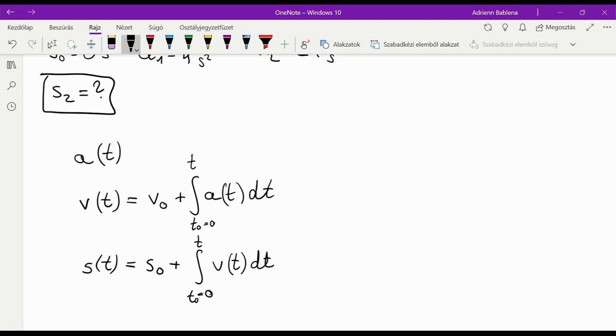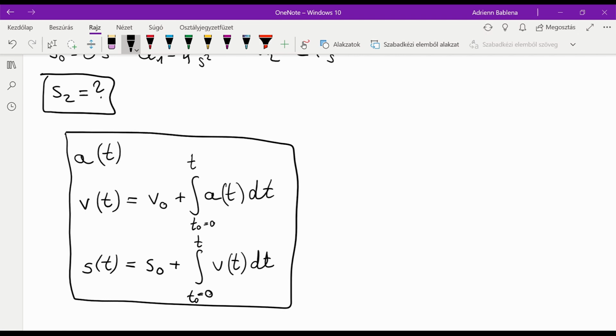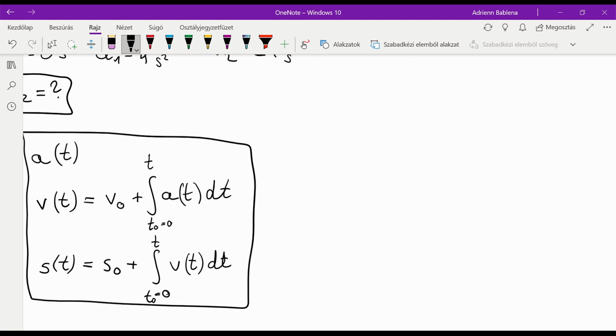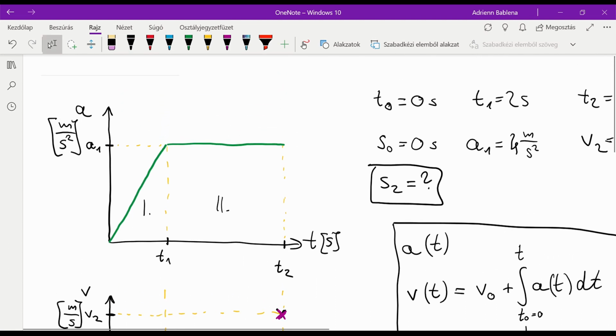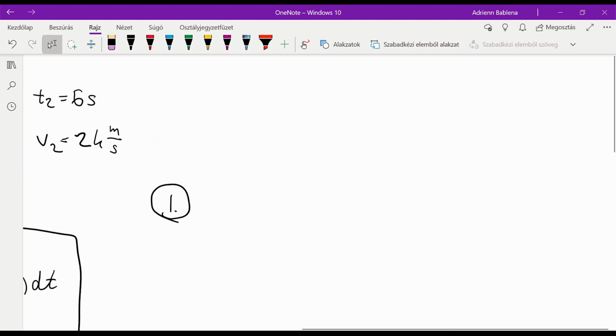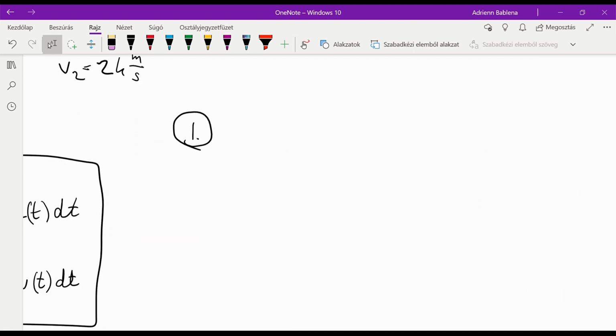Let's write our equations in two ways. In the first way, use these equations. And let's take into consideration the first part now. In the first part we can see a linear function, so we have to write a linear function equation as an acceleration function.